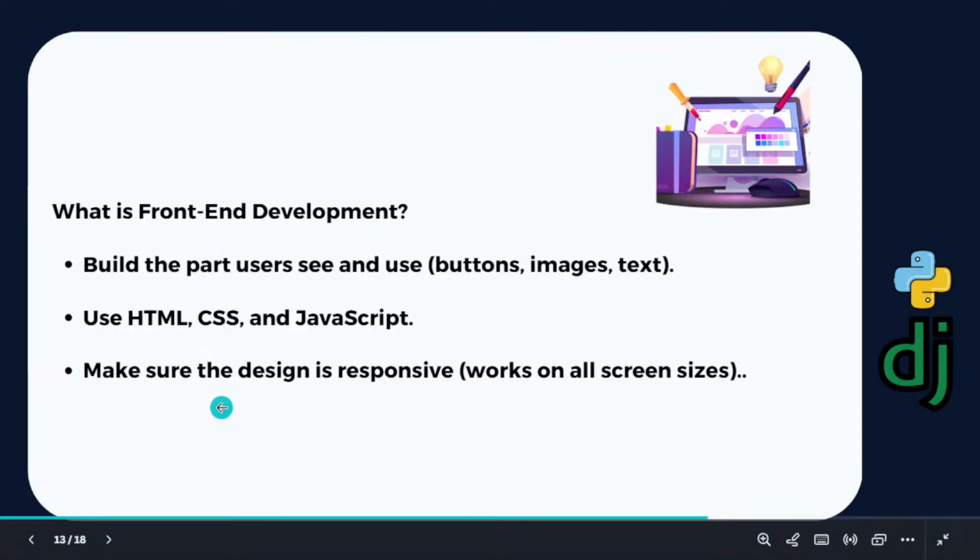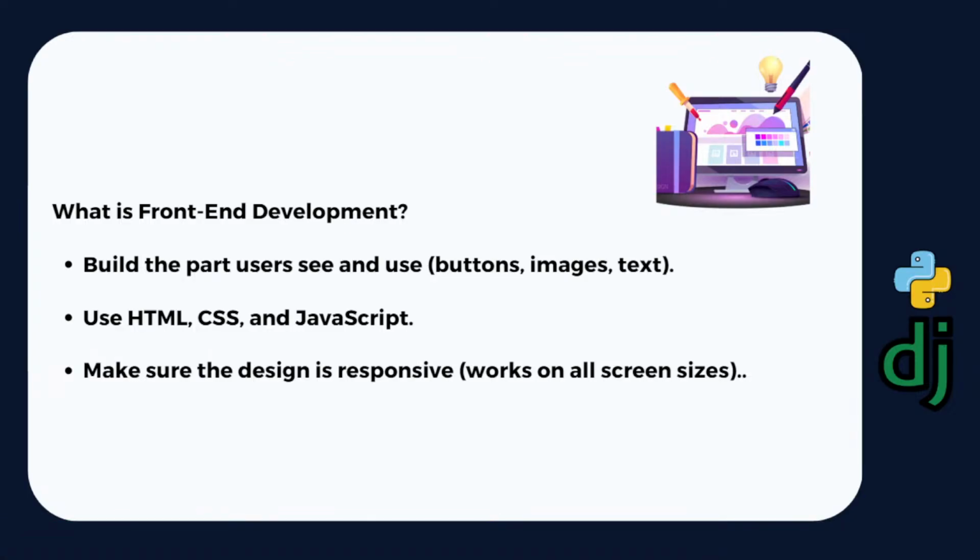So make sure the design is responsive. Responsive is nothing but, whenever we create a website, it will differ across devices. The phone size will differ from the computer size, and the computer size will differ from the tablet size. So we need to build our website to be suitable for every device.